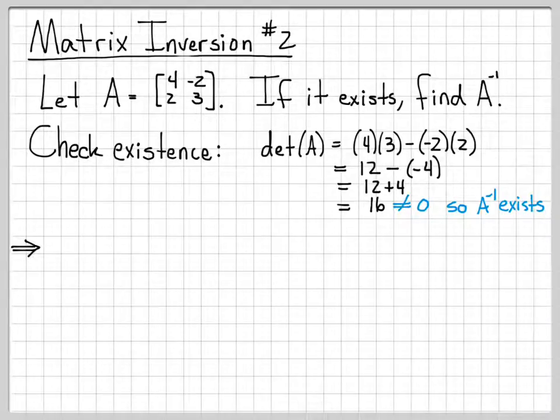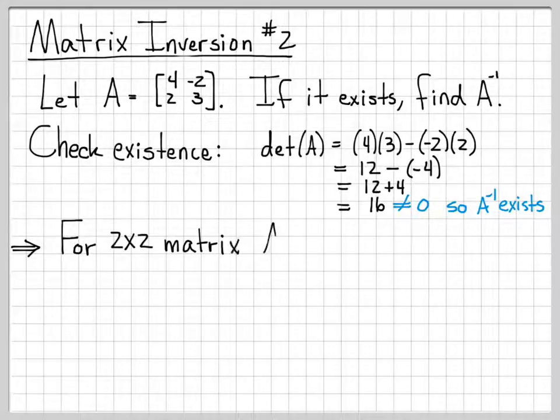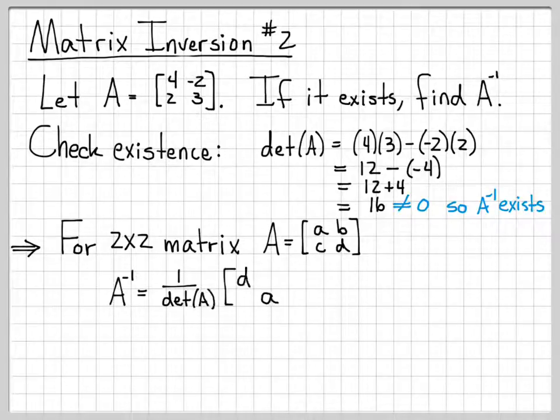So now that we know that it exists, let's go ahead and compute the inverse. Here's where we're going to show the specific equation for the inverse of a 2 by 2 matrix. 2 by 2 matrices have a general form of [A, B; C, D]. The inverse can always be written as 1 over the determinant of A times this matrix right here. So note what's happened.